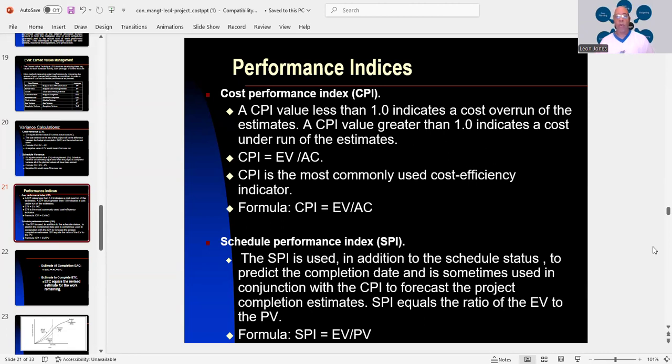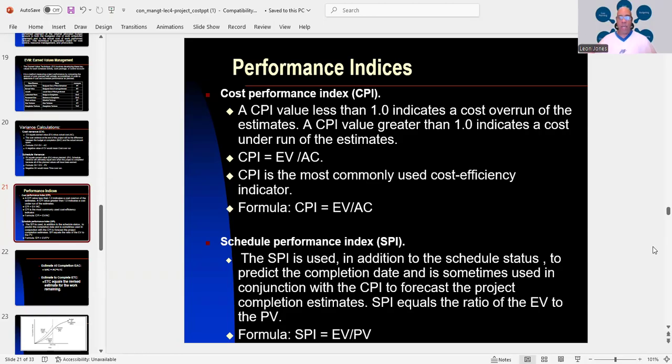Then you have your schedule performance index. Now, the SPI is used in addition to the schedule status to predict the completion date, and it is sometimes used in conjunction with the CPI to forecast the project completion estimates.